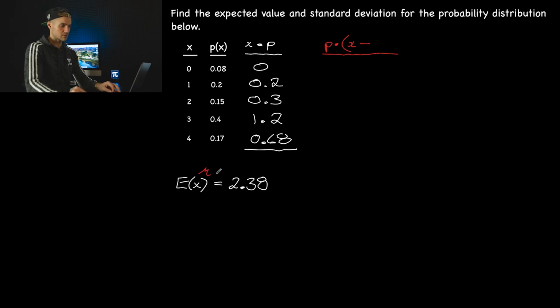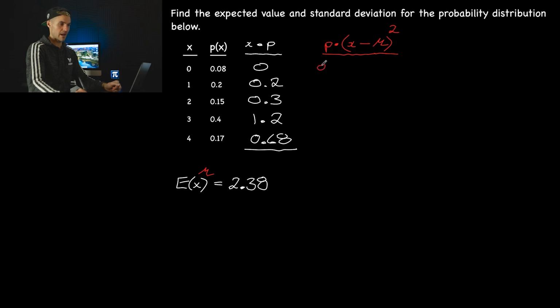I'm going to represent it with mu. We subtract the mean from the observation and then square it, so we're finding the squared deviations of the observations from the mean, multiplied by the respective probability.